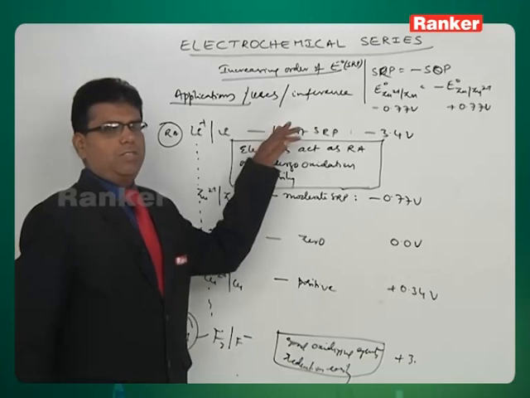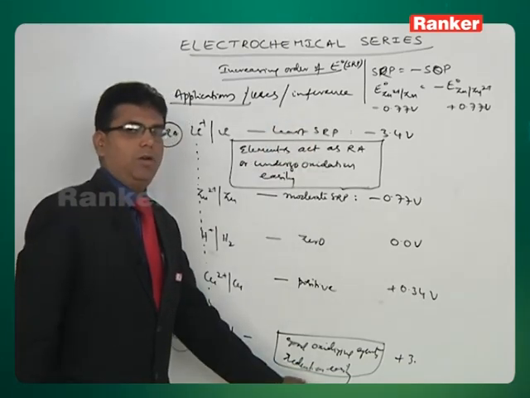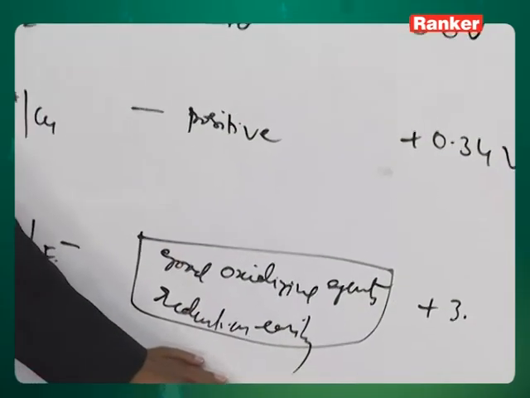So, the elements at the top are good reducing agents. The elements at the bottom are good oxidizing agents.